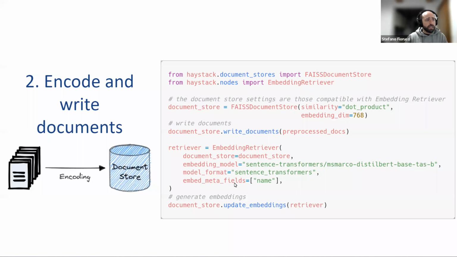And by the embed meta fields attribute, we are deciding to embed also the name that contains the Wikipedia page title because it is informative. By calling the update embeddings method, we are generating the embeddings, the vectors corresponding to the textual passages, and also storing them in the document store.